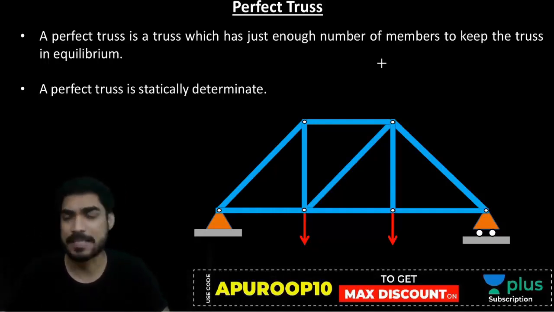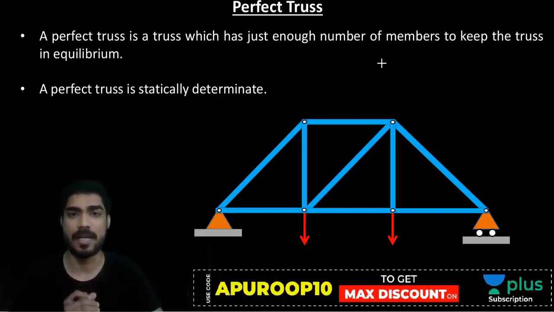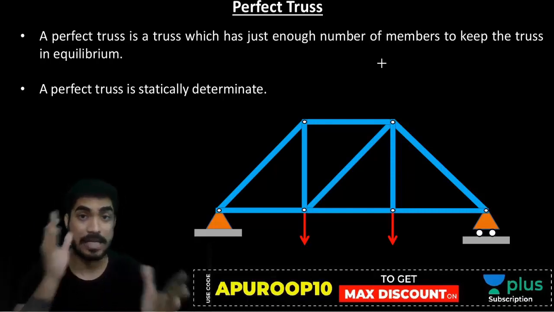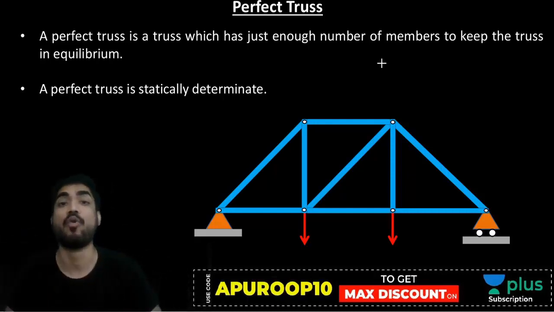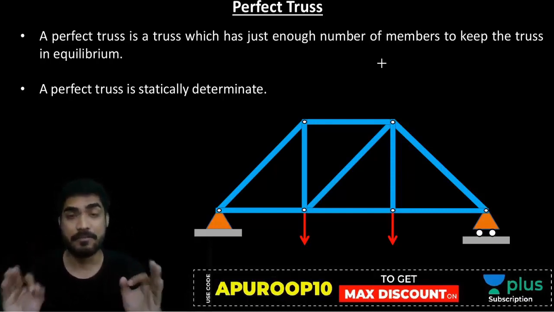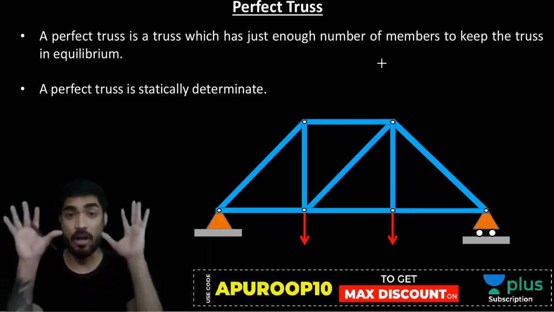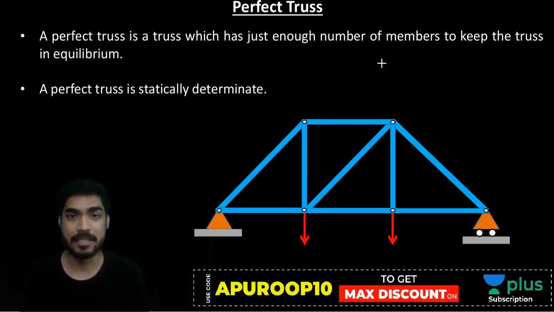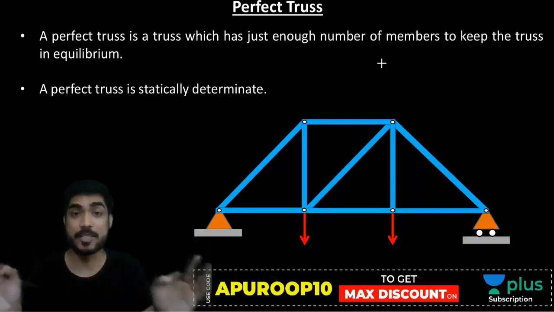For example, let's say to keep a truss in equilibrium, we need 10 members. So it only has 10 members, not less than 10 members, not more than 10 members. So a perfect truss is a truss which has just enough number of members which are needed to keep the truss in equilibrium. The truss must be in equilibrium.